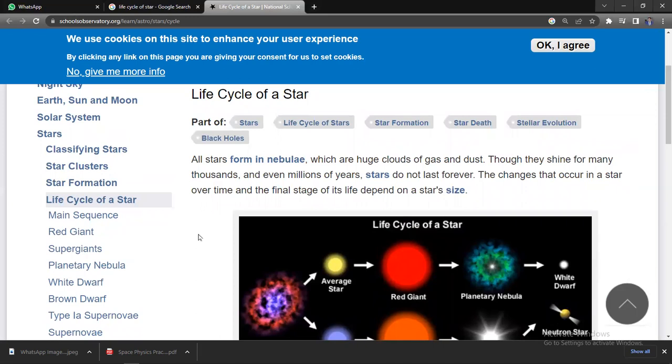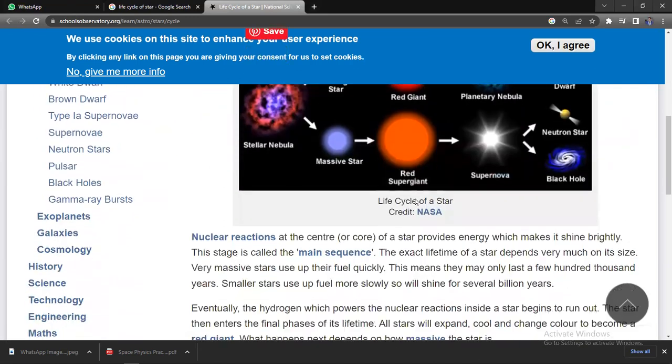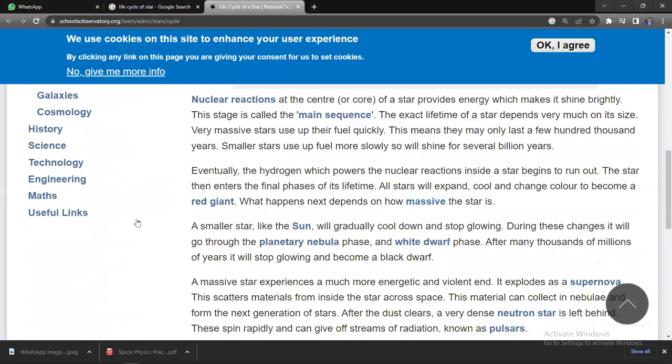Though they shine for many thousands and even millions of years, stars do not last forever. The changes that occur in a star over time and the final stage of its life depend on the star's size. The nuclear reaction at the center or core of a star provides energy which makes it shine brightly. This stage is called the main sequence.